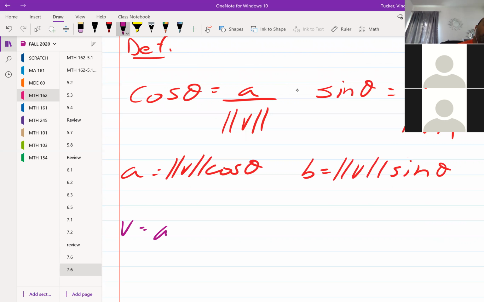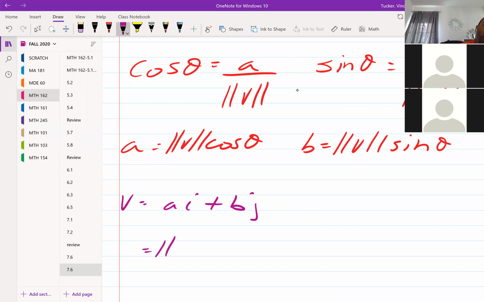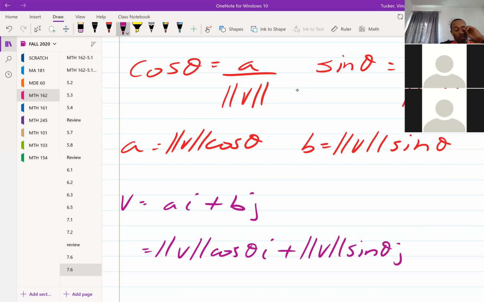So that means that AI plus BJ is going to be equal to, I don't have enough room. All right, so that's what we ultimately will be able to come away with using those relationships.